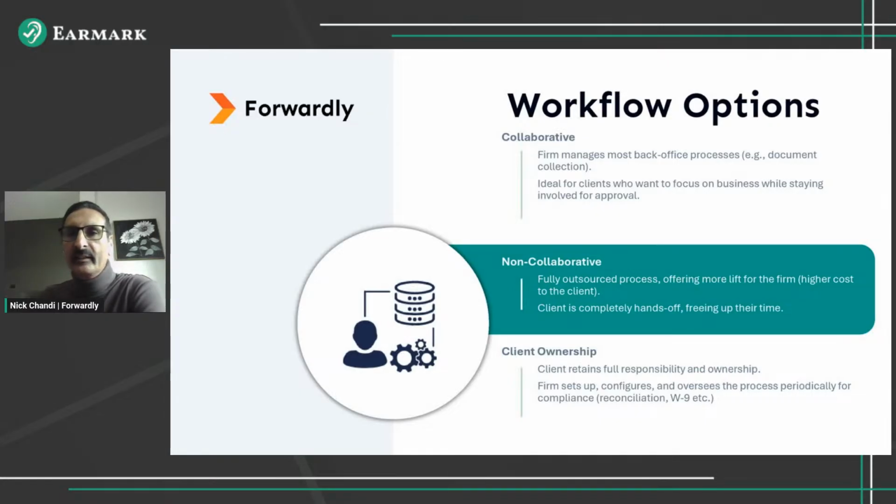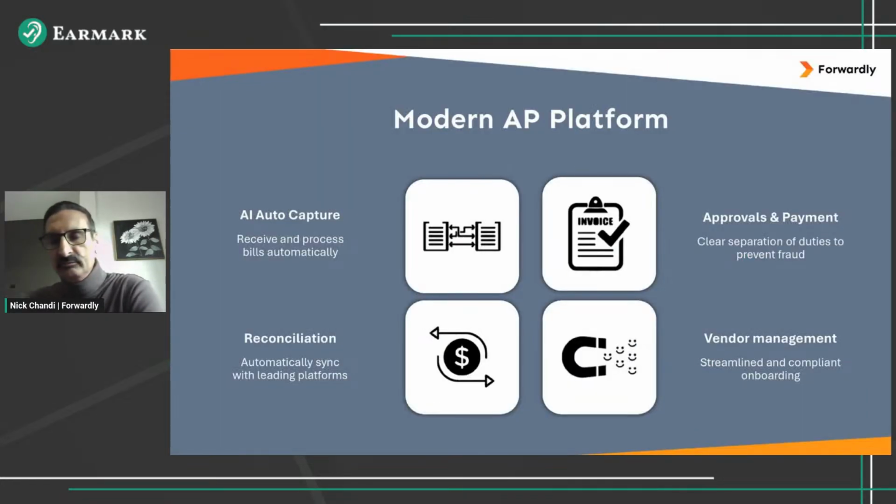It doesn't matter which option you go with. Every client is different. But once you implement a modern platform, you will have a process that captures all the invoices, all those bills coming from suppliers, and automatically codes them to the right GL.